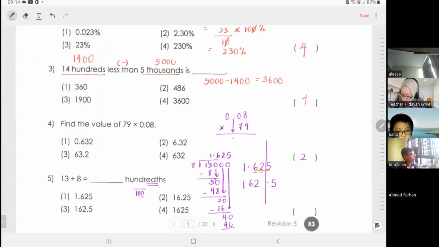So I have 1.625. 100 means you look at the number in the 100 place, which is 2. After that, you draw a line beside that, whichever digit was in the 100th place, and then it breaks up. So 162.5. The balance is 5 here. Okay, answer is number 3.